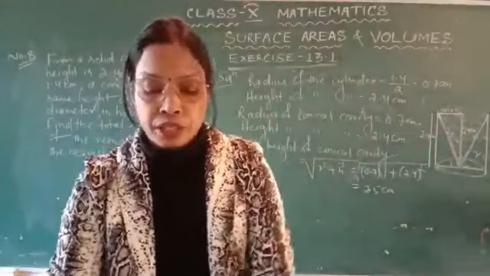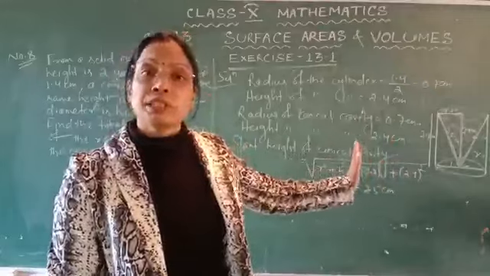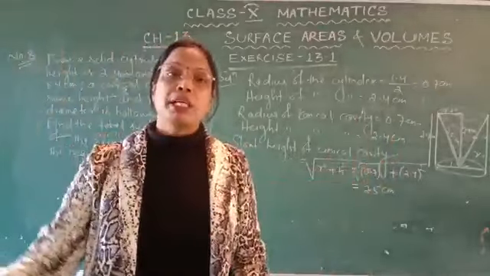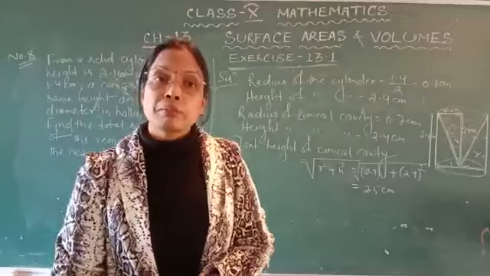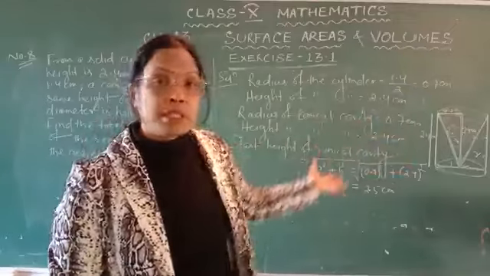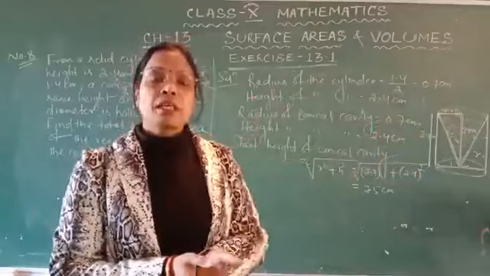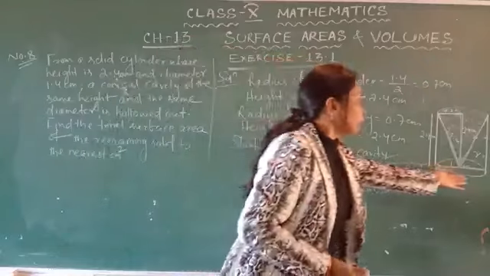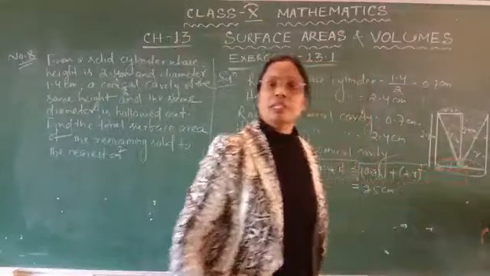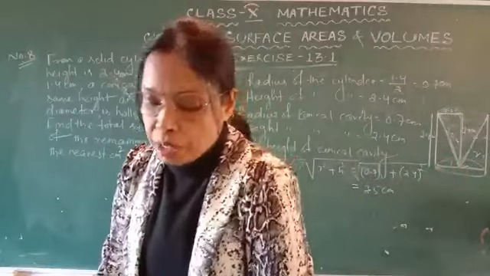Now from the solid, which is a cylinder, we cut out the conical part, so the remaining solid is equal to the curved surface area of the cylindrical part plus the inner curved surface area of the conical part and the area of the base of the cylindrical part.